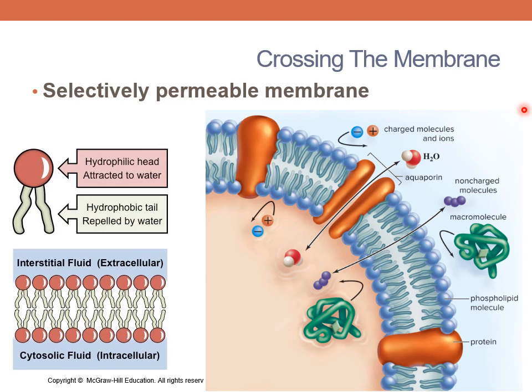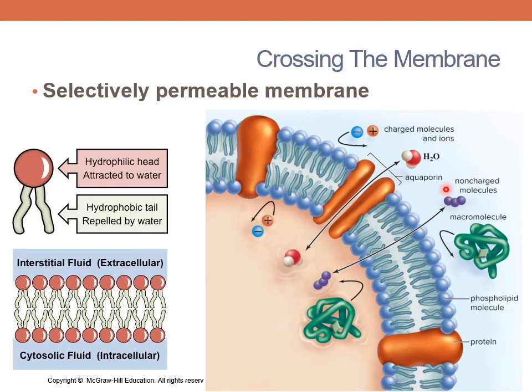Due to the negatively charged hydrophilic head, the cell membrane is selectively permeable, which means some molecules are allowed entry, but others are not. Charged molecules and ions are repelled by the negatively charged hydrophilic head of the phospholipid when trying to enter or exit the cell, so they must cross through carrier proteins to avoid the negative charge of the membrane.